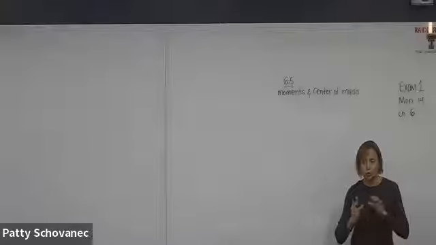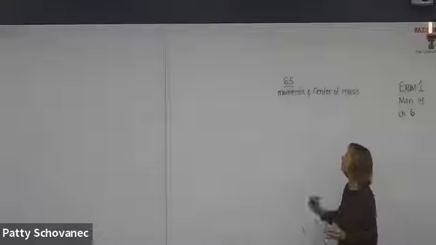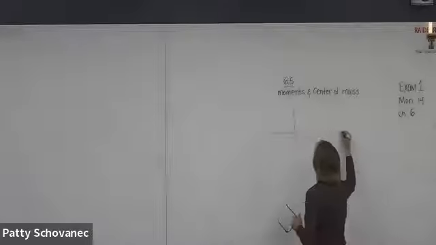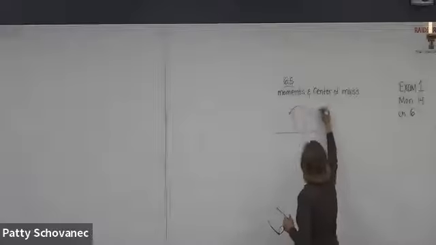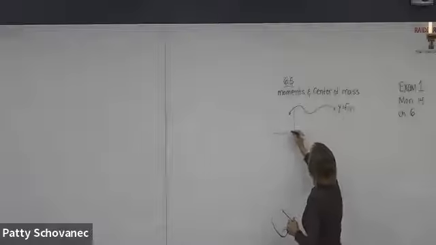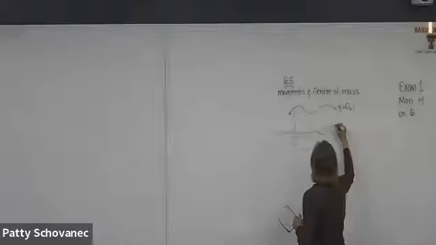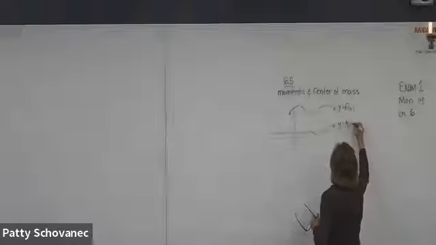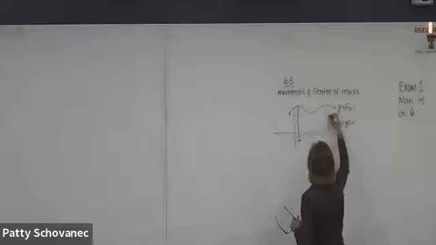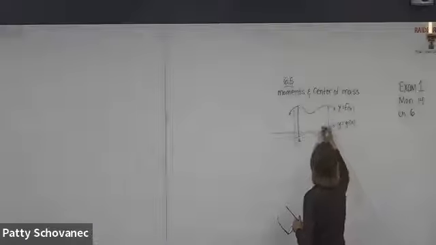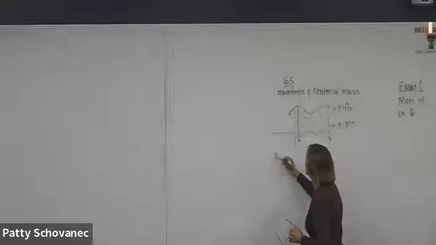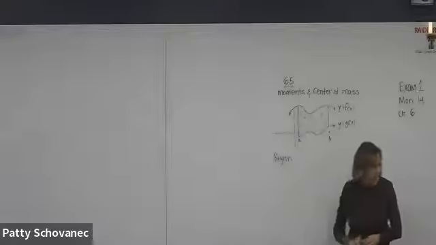In a two-dimensional object, we can represent it by a region in the plane. Model for a thin lamina.